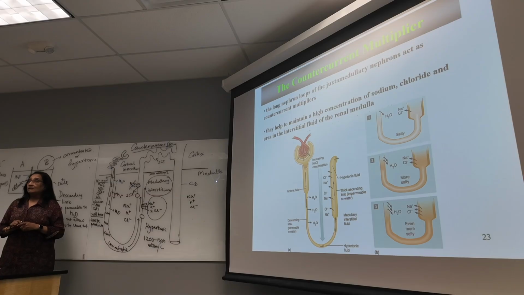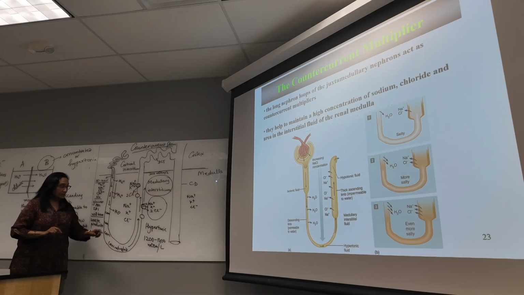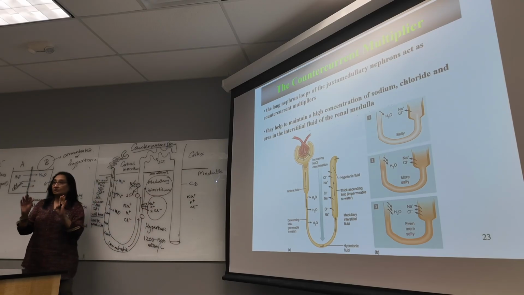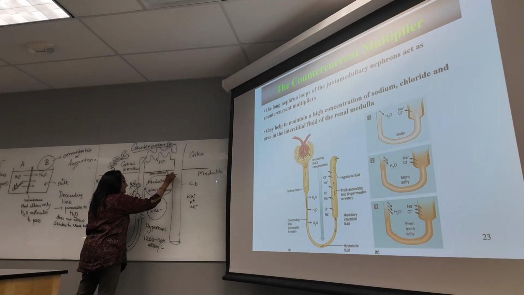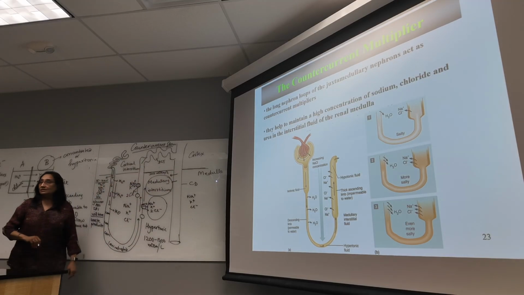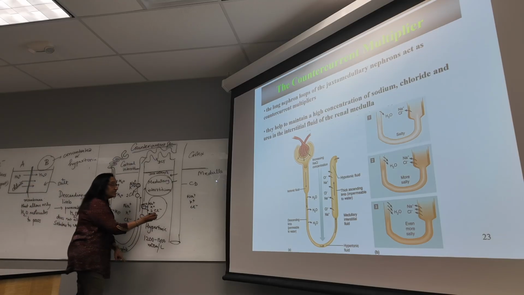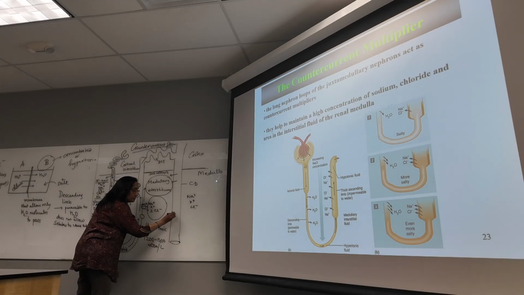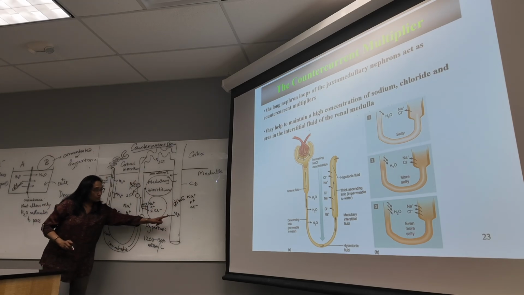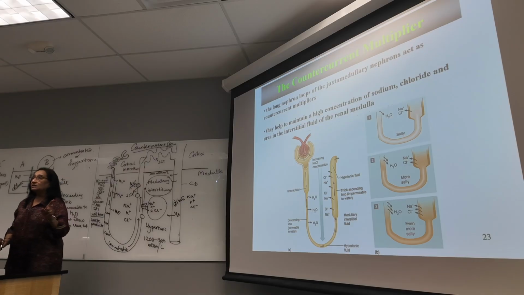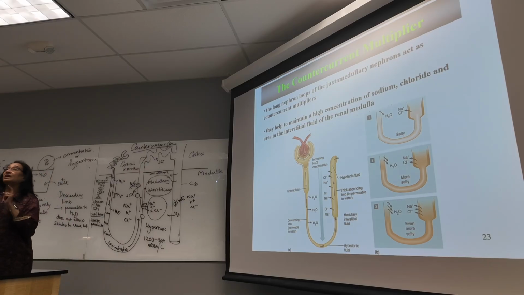Okay. Now you can understand, you have made the outside salty. So if you need to take the water out here, water will easily come out because your filtrate is dilute. Your filtrate is dilute and water can be easily pulled out under the effect of ADH.